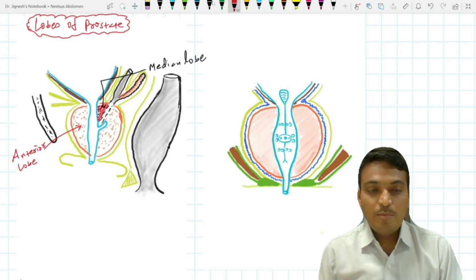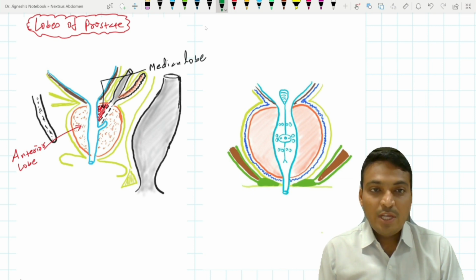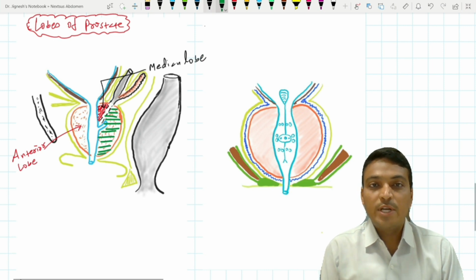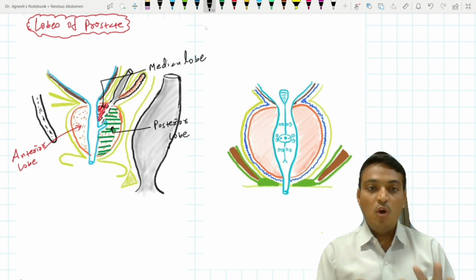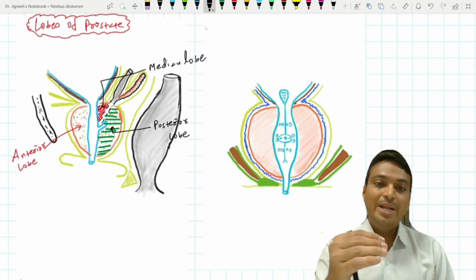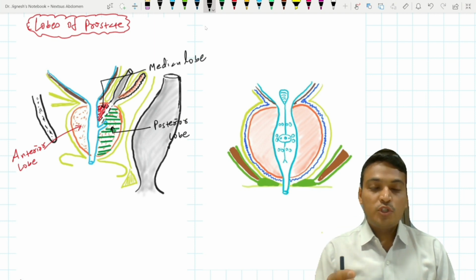The part of the prostate situated behind the prostatic urethra and below the ejaculatory duct is the posterior lobe of the prostate. Along with these three lobes, anterior, median, and posterior, the prostate also contains two lateral lobes.